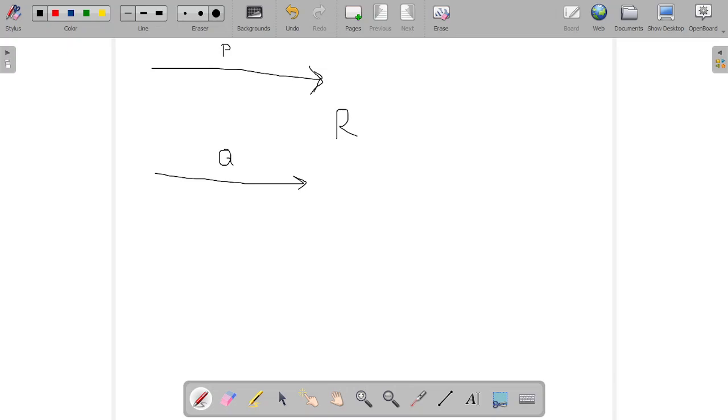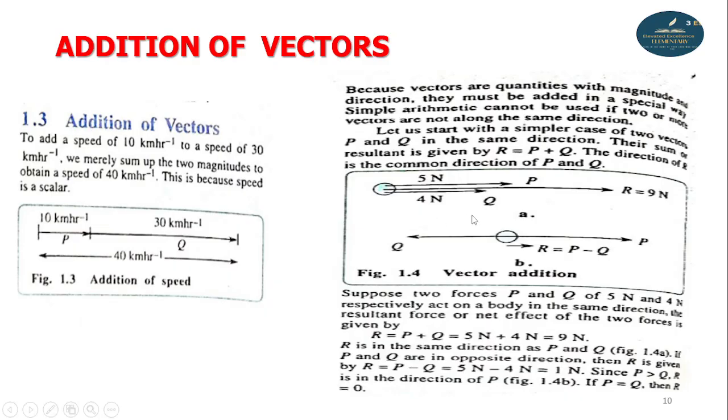Because they are acting in the same direction, we add the two vectors together. Therefore, our resultant R is equal to P plus Q. The direction of R is the common direction of P and Q.